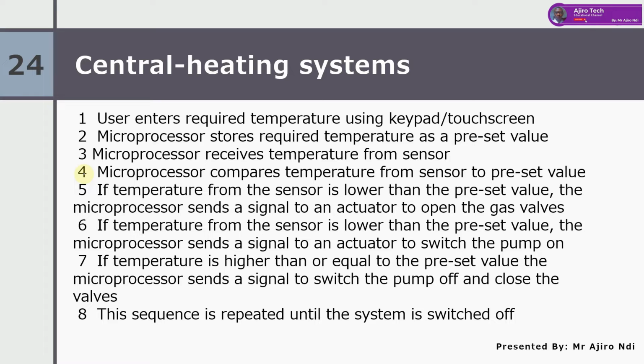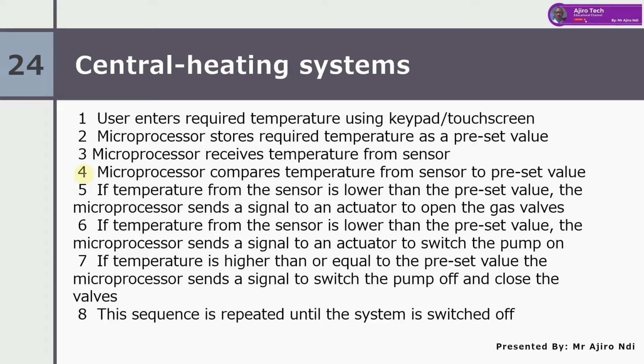The microprocessor receives the temperature from the sensor and compares it to the preset value. If the temperature from the sensor is lower than the preset value, the microprocessor sends a signal to an actuator to open the gas valve, and sends a signal to the actuator to switch the pump on. If the temperature is higher or equal to the preset value, the microprocessor sends a signal to switch the pump off and close the valve, and this sequence is repeated until the system is switched off.